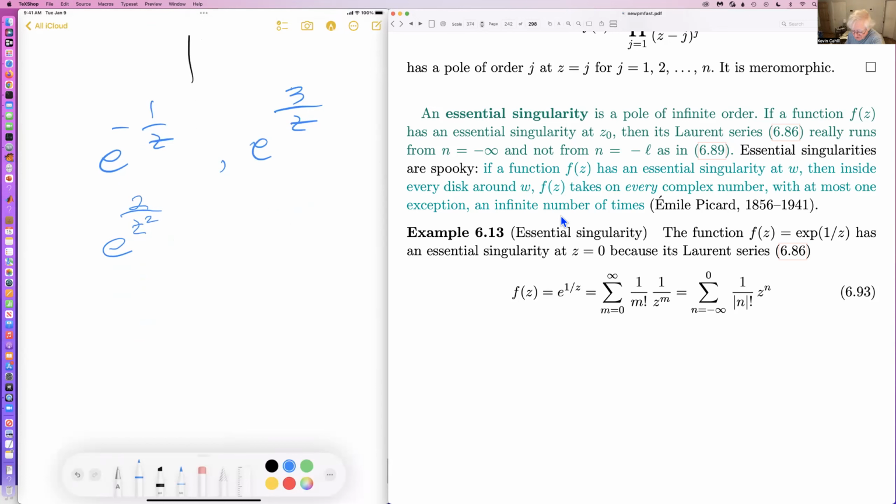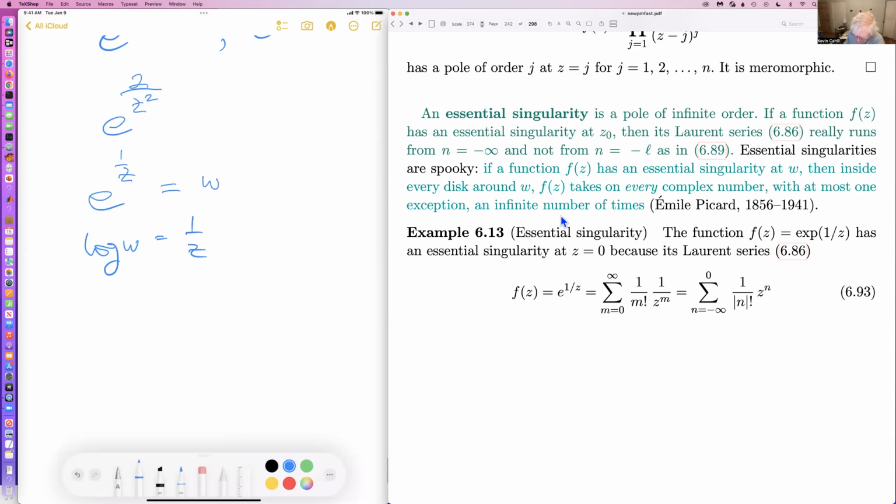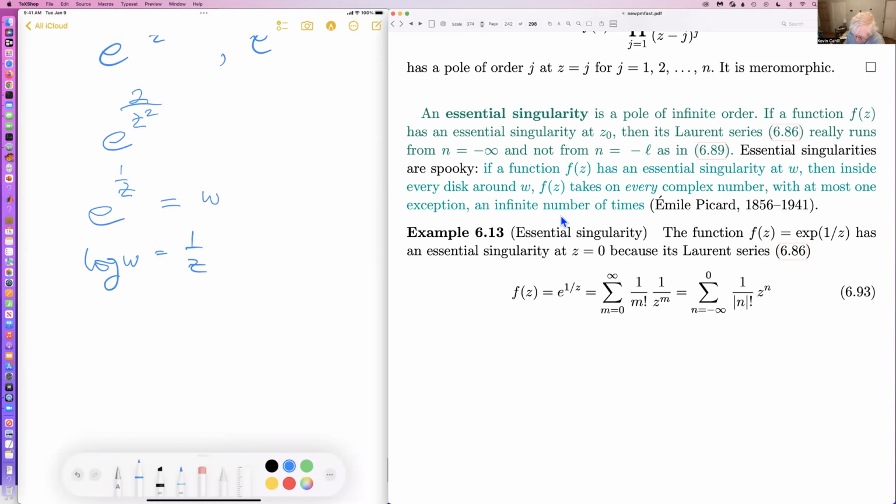And as an example, e to the 1 over z can take any complex number w. What is w? Well, log w is 1 over z. So z is equal to 1 over log w.